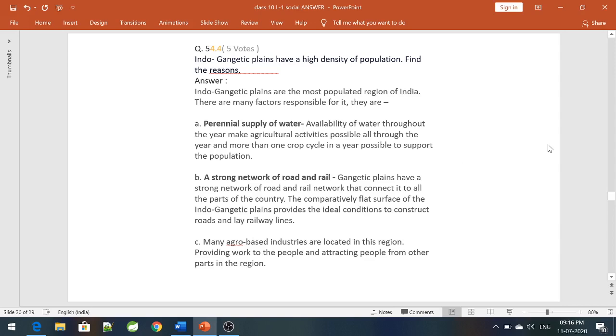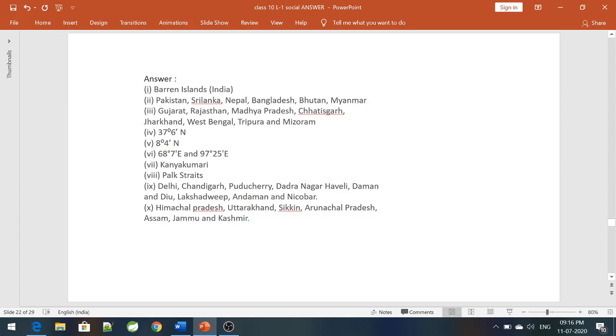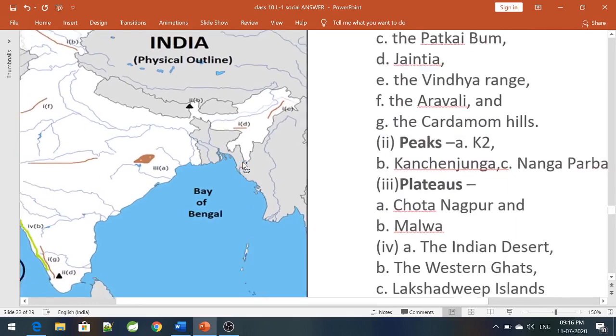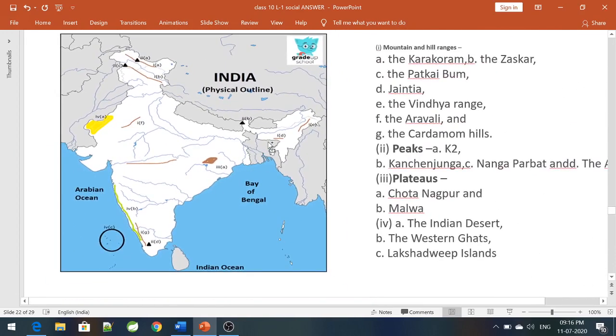The video becomes too large. Okay. On the outline map of India, show the following. So these are the Zaskar and Pir Panjal ranges I have shown you. I have a map here and everything is located on this map.